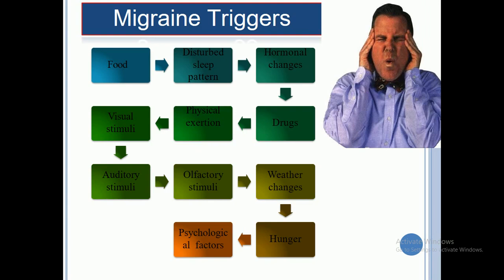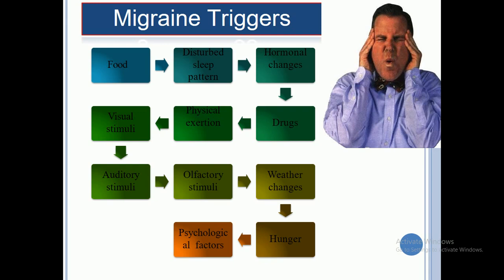Now these are the various factors which are responsible for migraines. These are the factors which can trigger migraines, the aggravating factors. The first one is food, depending on your eating habits. There may be sleep disturbance, disturbed sleep patterns, and some internal hormonal change may occur.